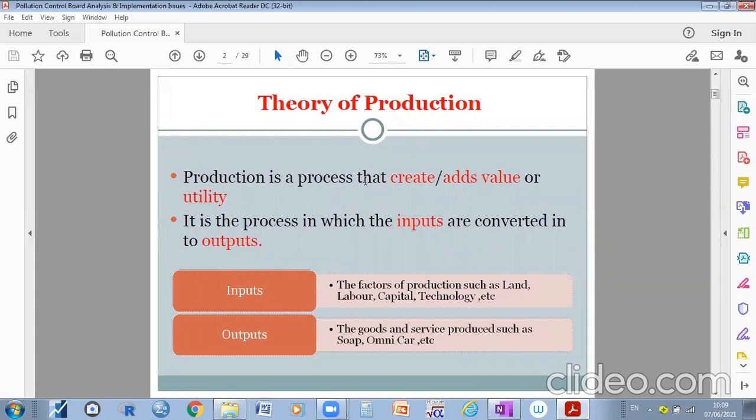You need to purchase rice as well as chicken or mutton and other masalas. So how are we going to produce that biryani? It is a process that creates. Producing services also comes under production, right? So production is a process that creates or adds value or utility.